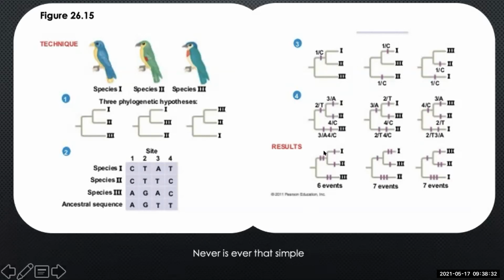And when you look at them, these trees here have 6 different changes in order to create these sequences from this sequence. And these have 7. So we're not sure which is correct, right? So these would be the most parsimonious, the ones that only take 6 events. Yeah, these 6 events, but we're not actually sure about that.